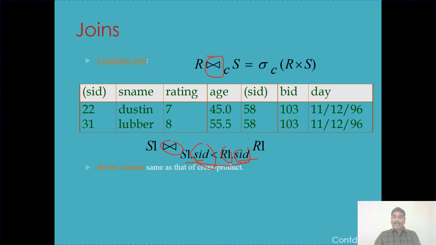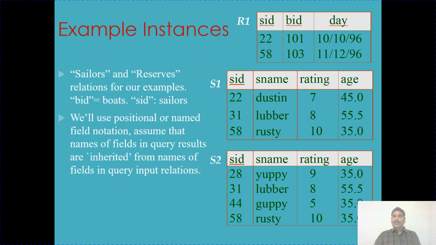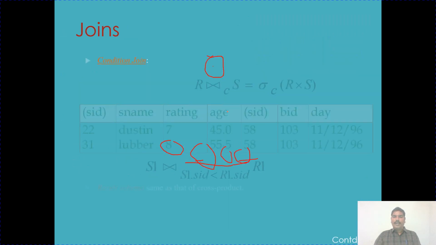S1 less than R1: only 22 and 31 qualify, and 58 is greater, so this data will be added.